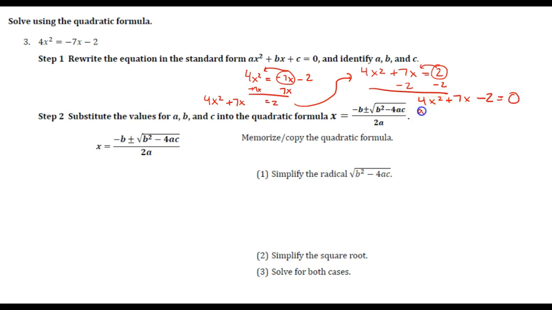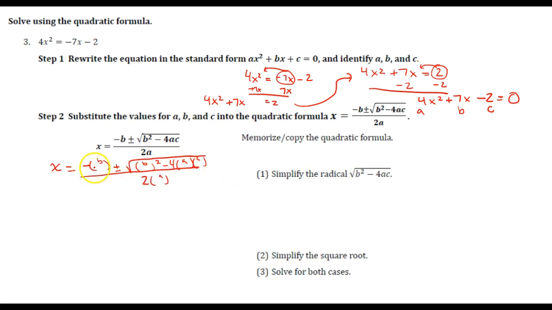Let's go ahead and identify our A, B, and C value. Let's go ahead and write that out. So that would be x equals negative B value plus or minus the square root of B squared minus 4 times AC all over 2A.